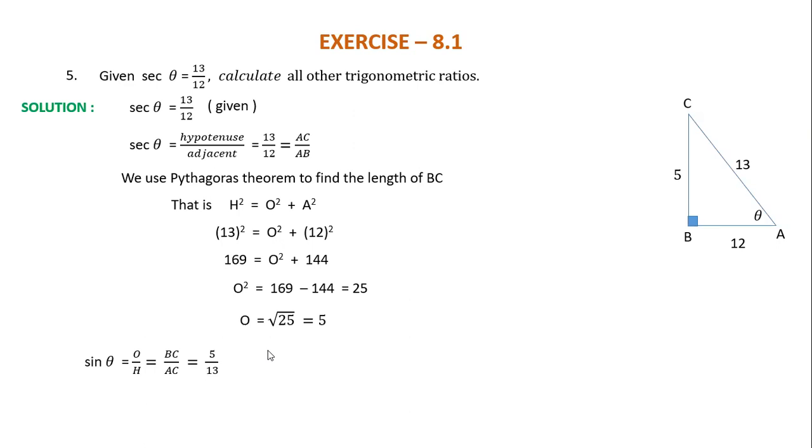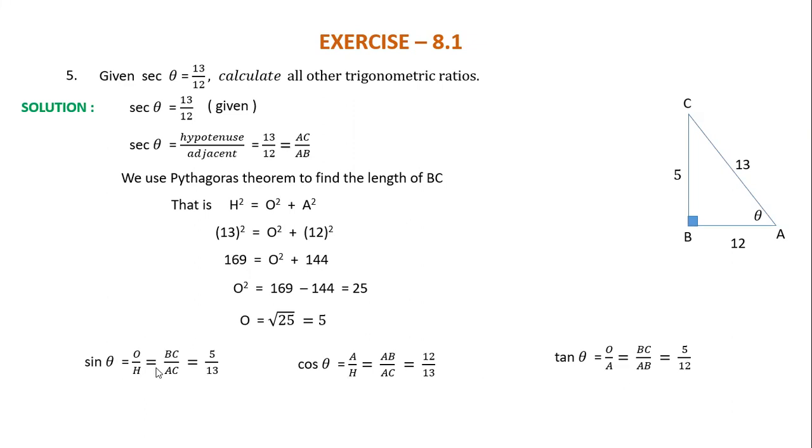Cos is A upon H. A is 12 and H is 13. So 12 upon 13. Tan is O upon A. O is 5, A is 12. So it is 5 upon 12.